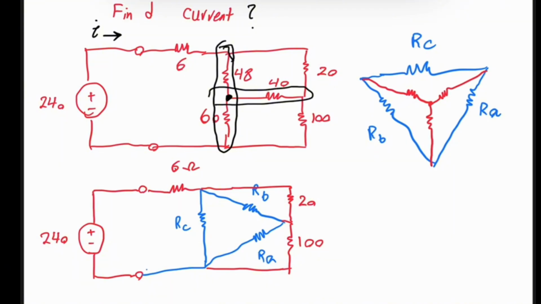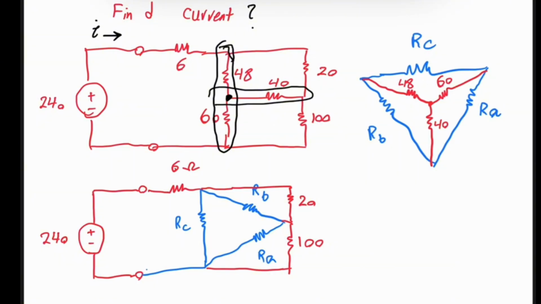I can consider R1 to be 48, R2 to be 60, and R3 therefore is the other one, which is 40.